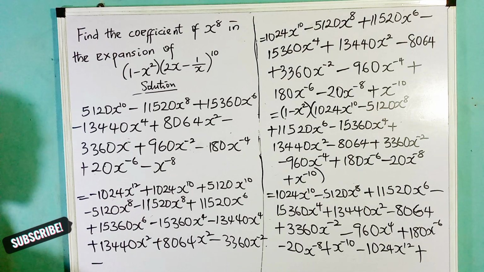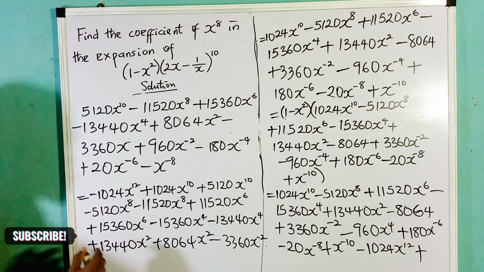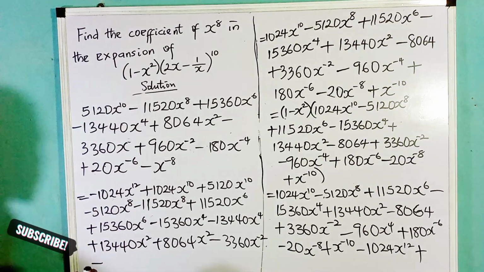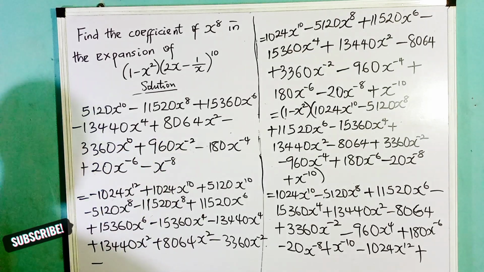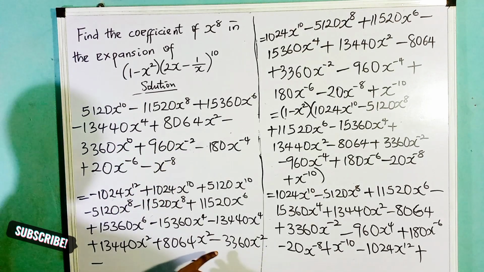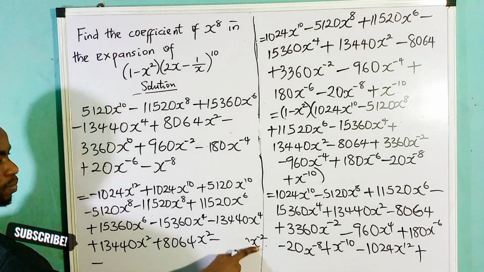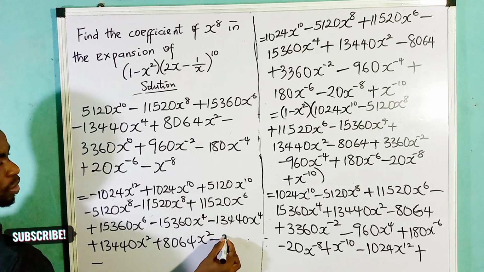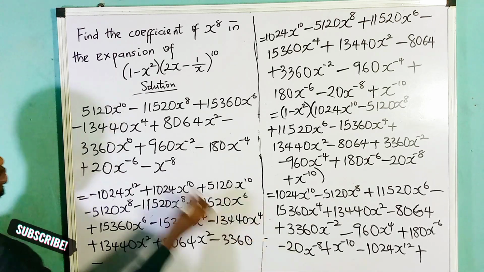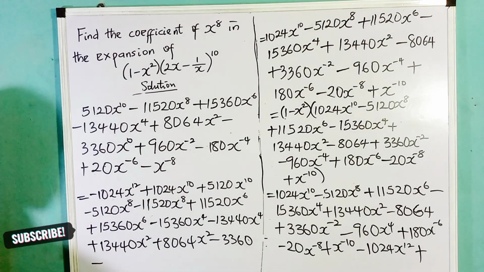I'm sorry. We had x raised to power 0 here, right? So we have to write that first before we move to this place. So we have minus 3360. X raised to power 0 is 1, so I'm not going to be writing that.